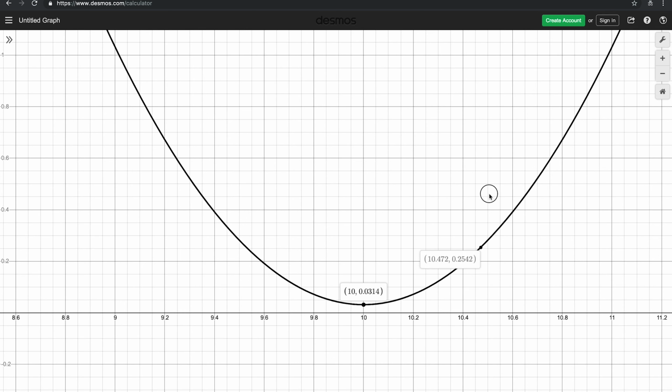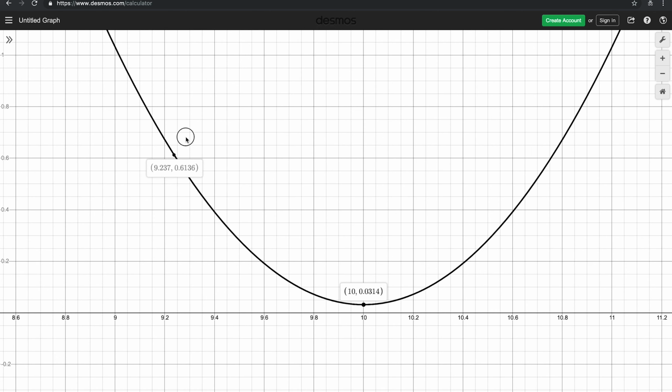So you want to find a way in which you can minimize this function using some sort of magical algorithm. And in fact, there is something very cool that we can use.